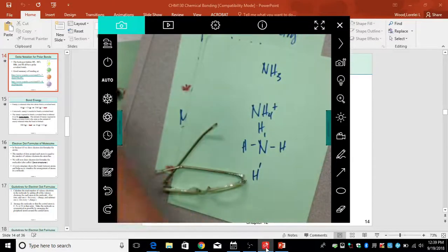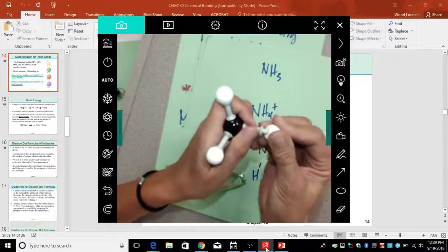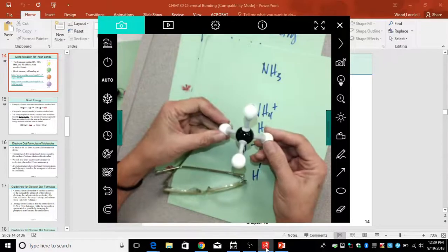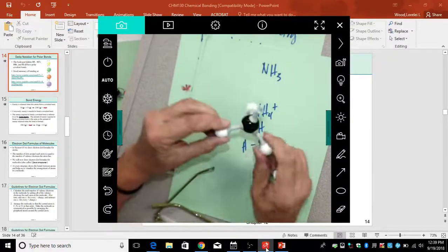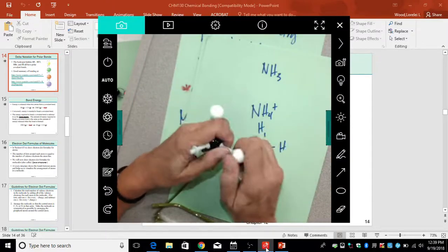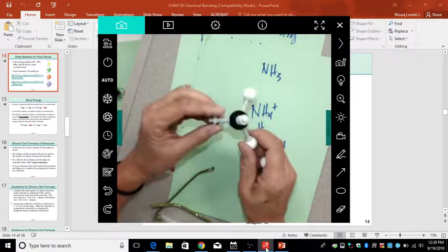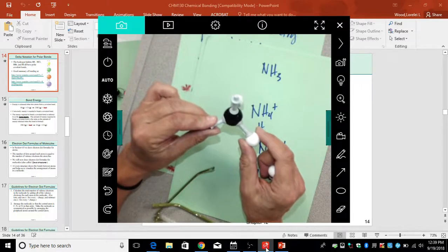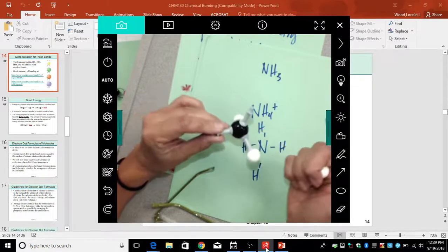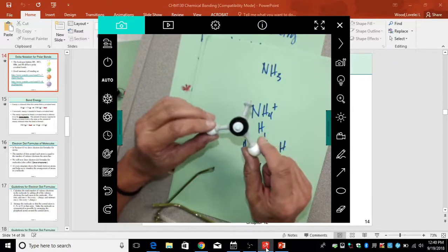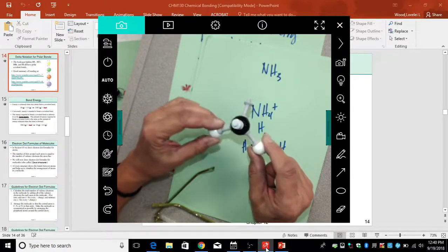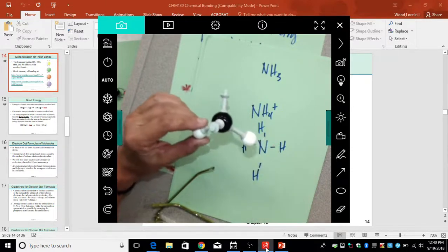If all of them are bonded, it's 109.5 between all of them. If it's trigonal pyramidal, it goes down from 109.5 to 107. If it's bent, it goes down from 107 to, what did I say, 10 something? Okay, it goes down. It starts at 180. Actually, it starts at 109.5 if you're talking about tetrahedral.